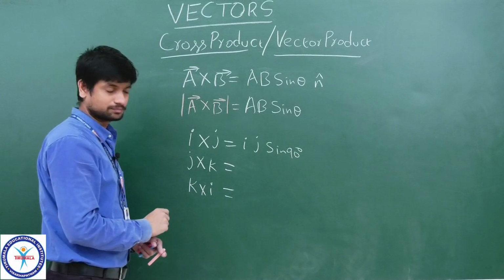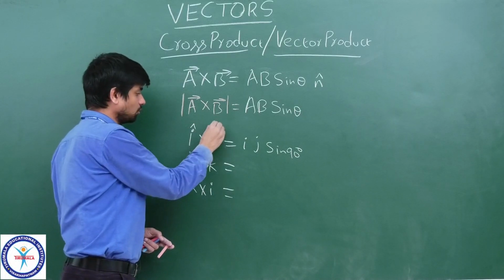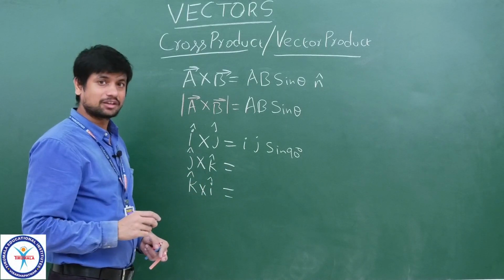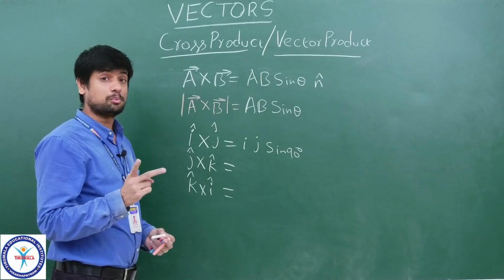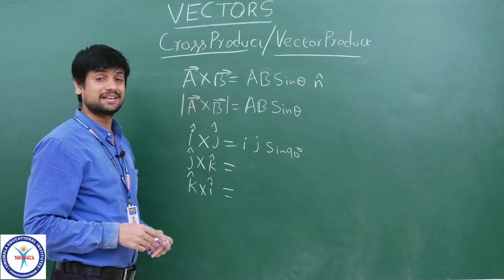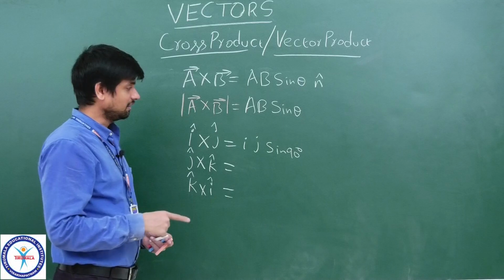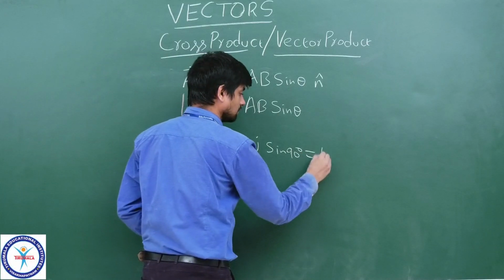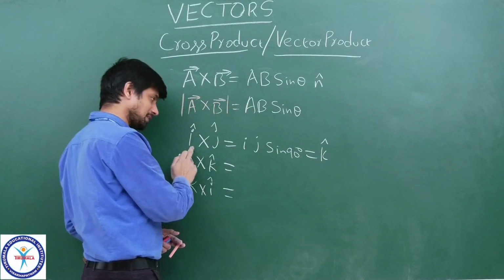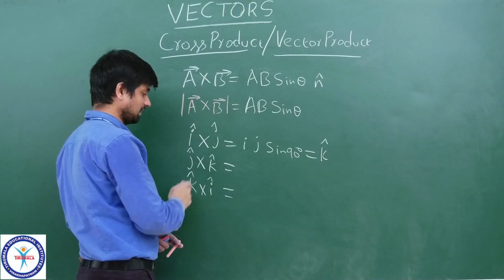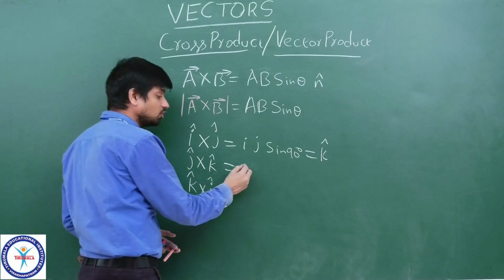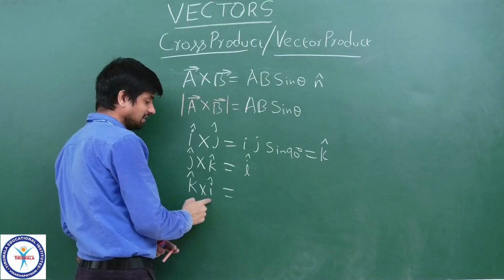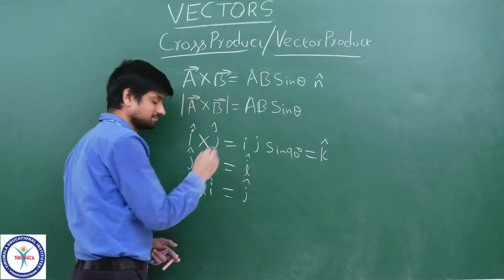But I said before, the resultant is also a vector, and it is perpendicular to both vectors, to the plane containing them. So i and j are in one plane, what is its perpendicular? Obviously k. So when you multiply i cross j, k is obtained. j cross k gives i. k cross i gives j.